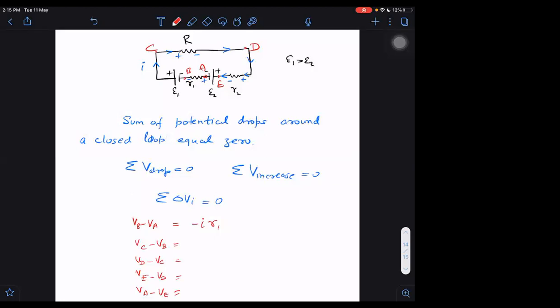What is VC minus VB? Plus E1, because C is at high potential now, and B here. This plus is bigger, that minus is smaller.